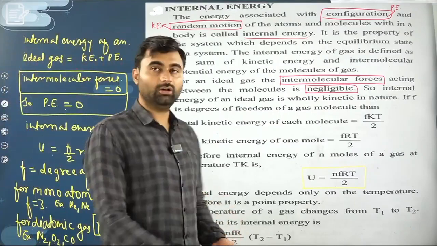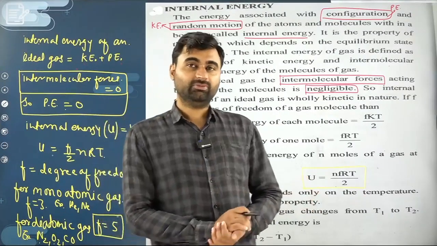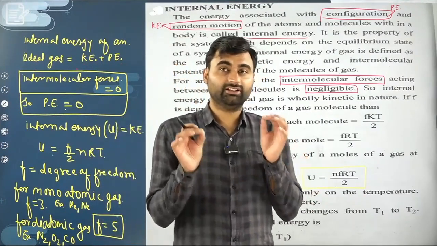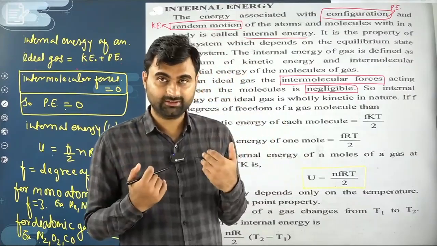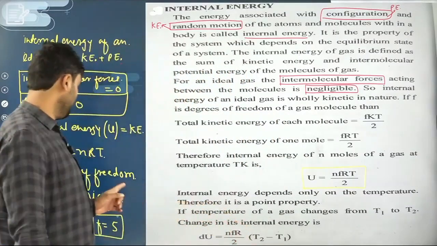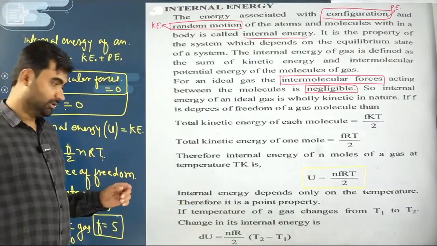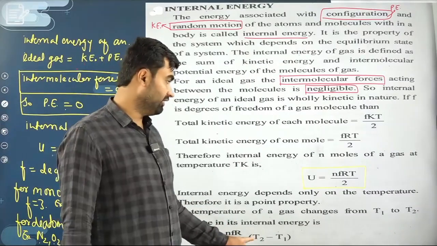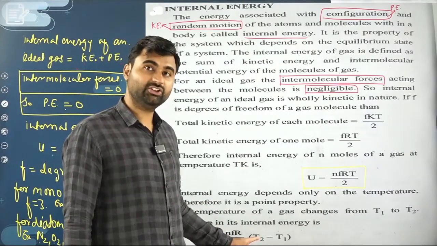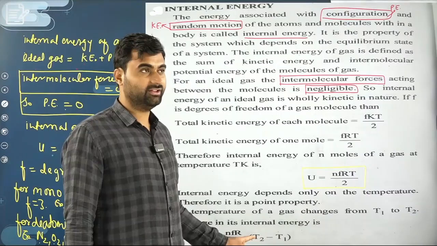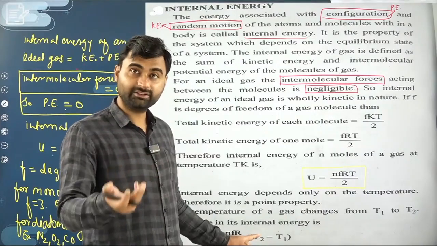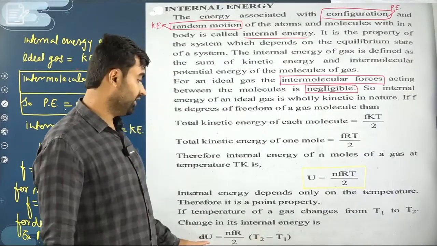Now if anyone asks, if we change temperature, will internal energy change or not? Yes, because it directly depends on temperature. So at T2 temperature it will be F by 2 nR T2, and at T1 temperature it will be F by 2 nR T1. So what is the change in internal energy?